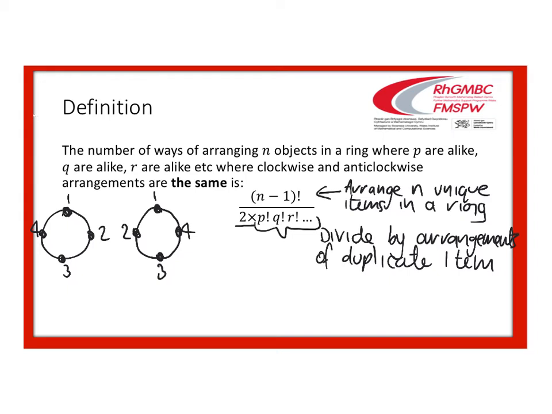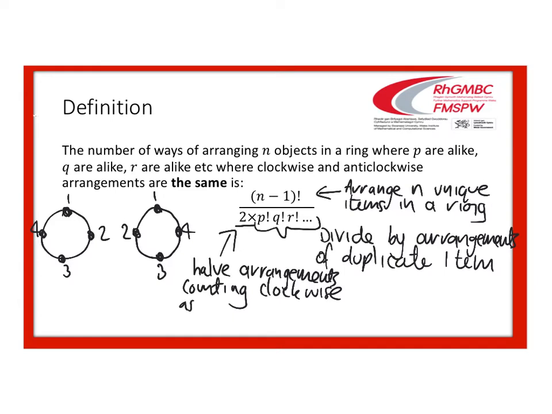Because we're saying clockwise or anti-clockwise, we don't really care which way we follow the line. And so we halve the number of arrangements again. So half the arrangements, counting clockwise as the same as anti-clockwise.